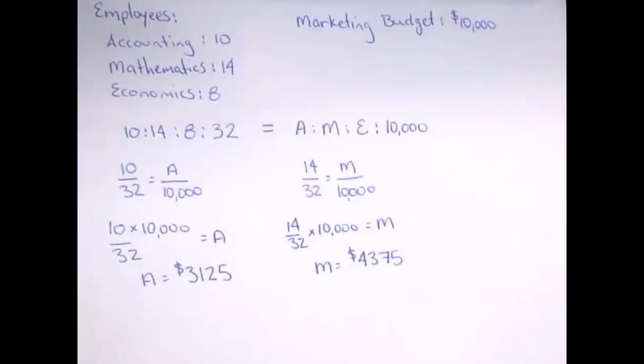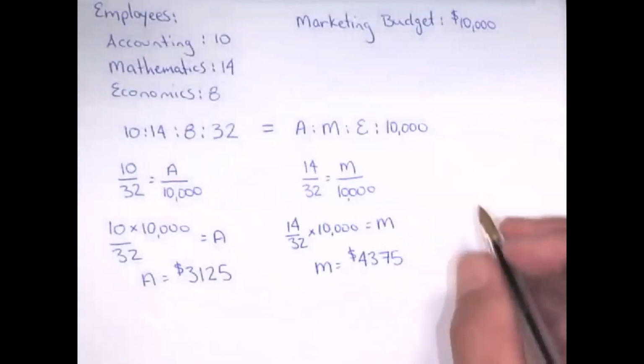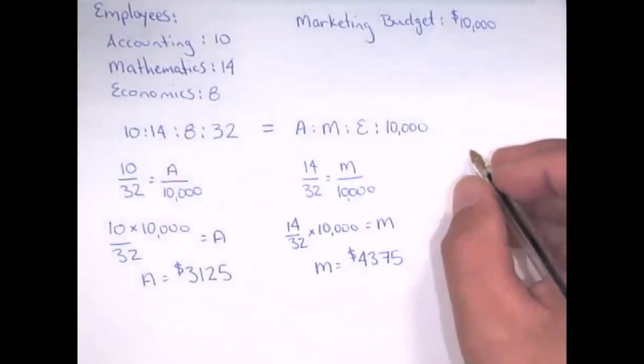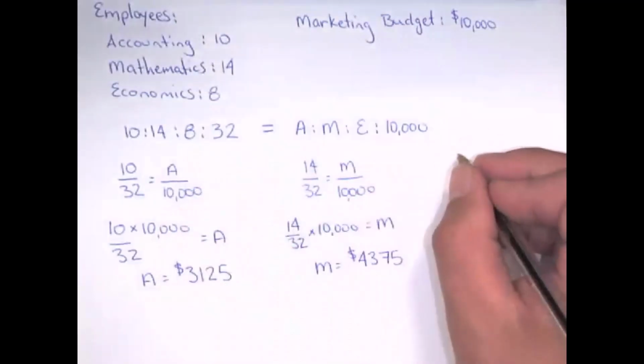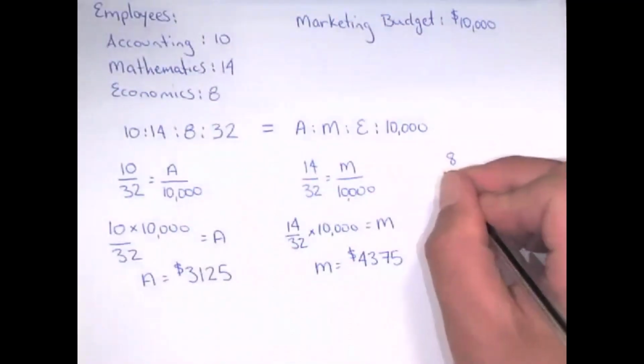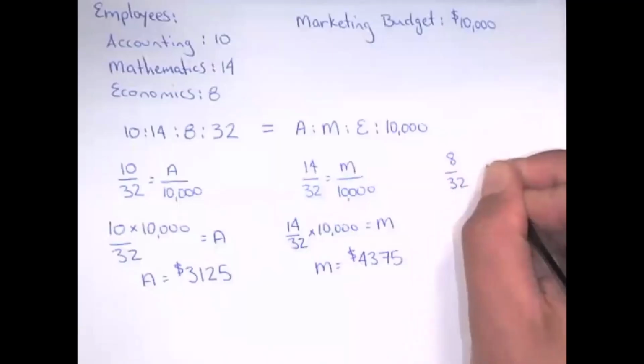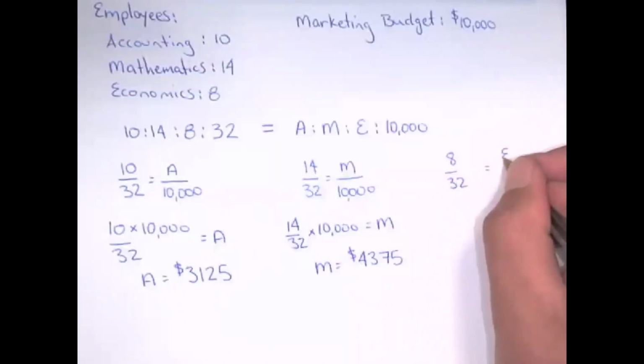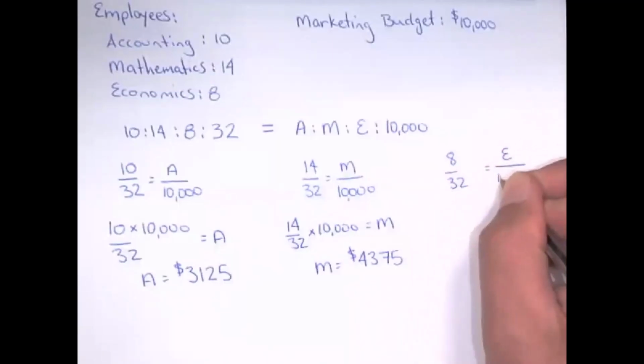Finally, we've got our economists. So 8 and 32 is equal to our economist budget over 10,000.